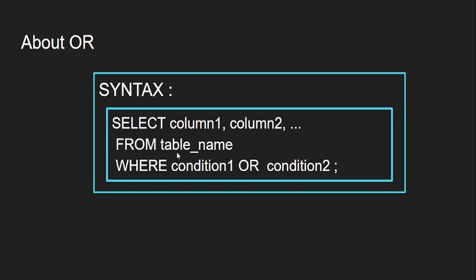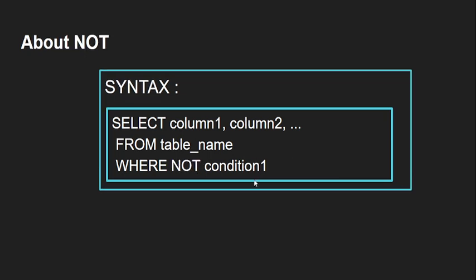FROM the table name from where you want to retrieve the data. In the WHERE I have written two conditions and I'm separating them using the OR operator. The OR operator says either this condition is true for a row, or that condition is true for the row, or both conditions are true for the row. In all these cases it will return the record to you on the screen.